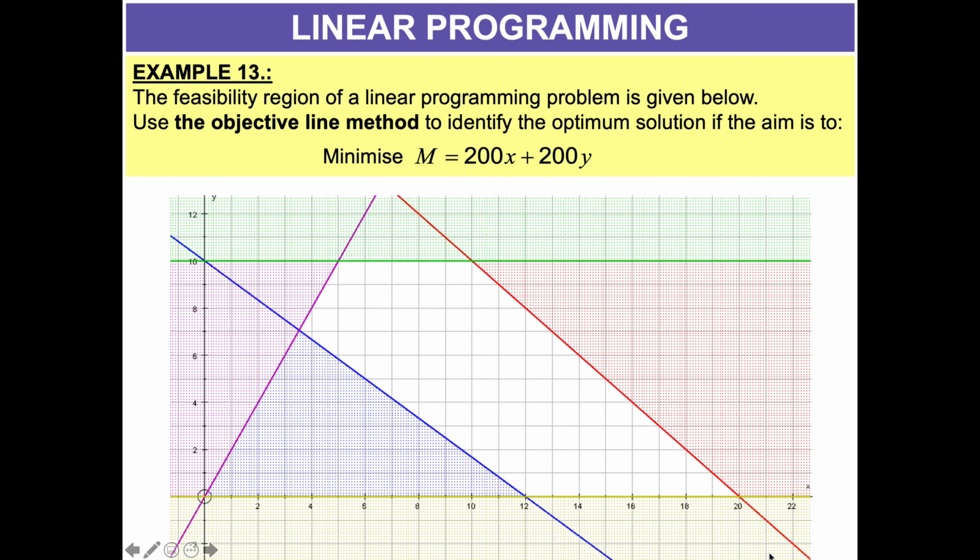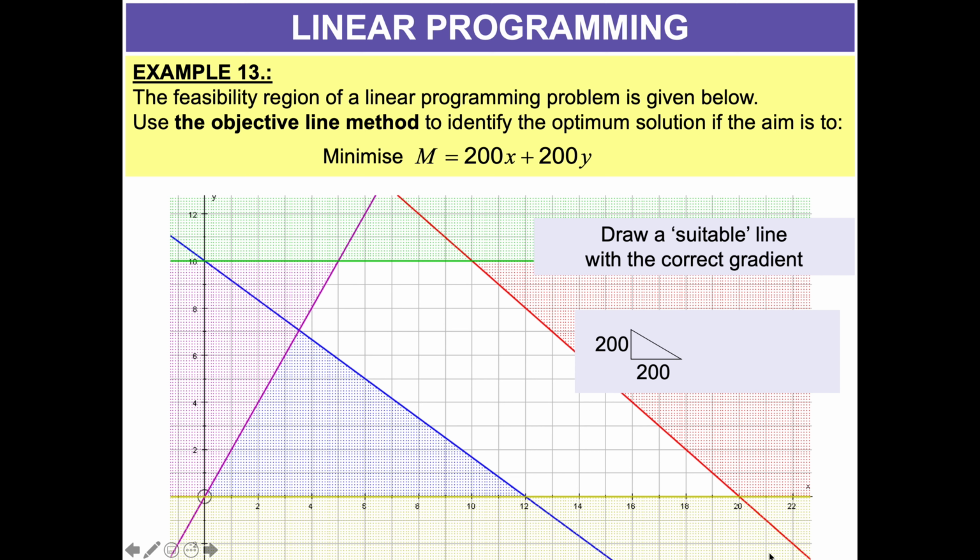And let's do one more where we're going to minimize the variable m. So the feasible region is the same, except I have a different objective function. So again, look at the scale. Scale didn't change, but the correct gradient is 200, 200, or it's basically -1.